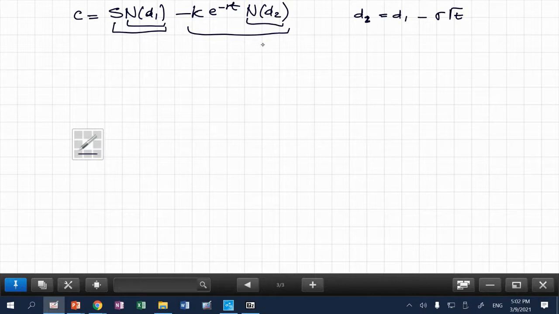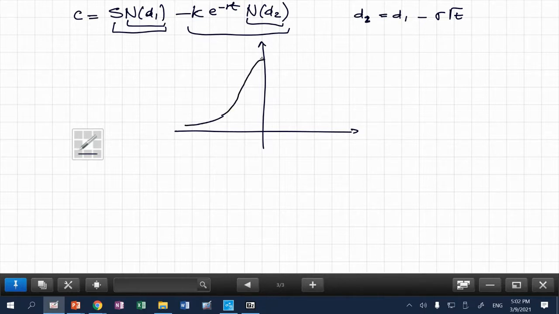Second thing I would like you to notice is the following. Which between N(d1) and N(d2) is going to be larger? It's pretty simple, because it depends on which is larger between d1 and d2.